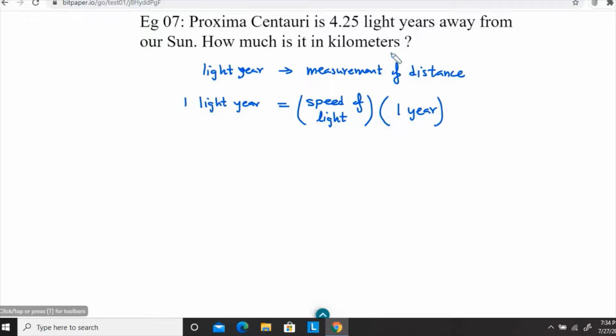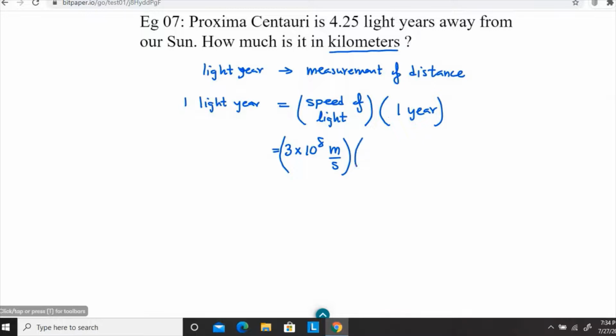Now since they are asking the answer in kilometers, I will have to convert the speed of light in terms of kilometers. Usually speed of light is written as 3 times 10 to the power 8 meters over seconds. However, this is in meters. I need to convert this into kilometers.